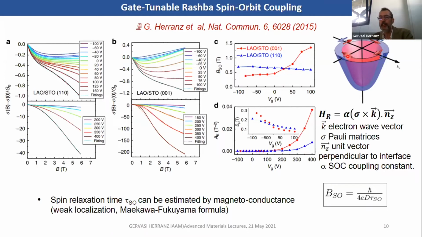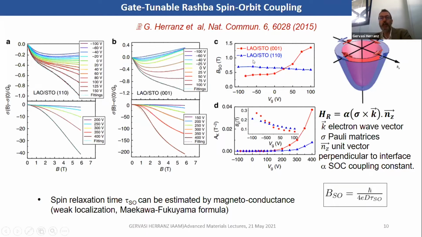They don't share the same momentum in the reciprocal space, and this is what is called Rashba spin orbit field, which is driven by this spin orbit coupling.